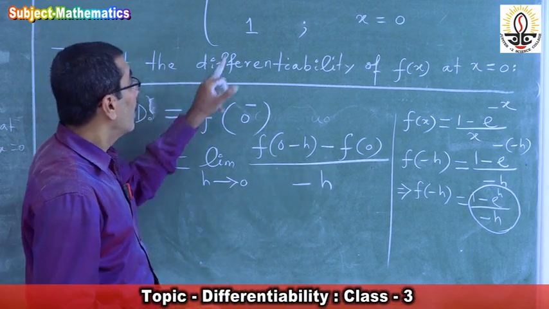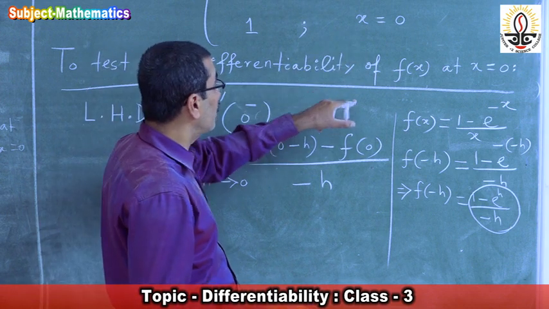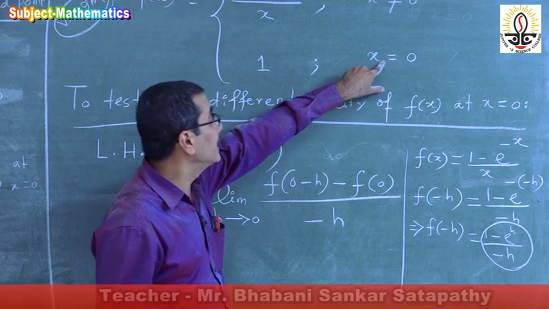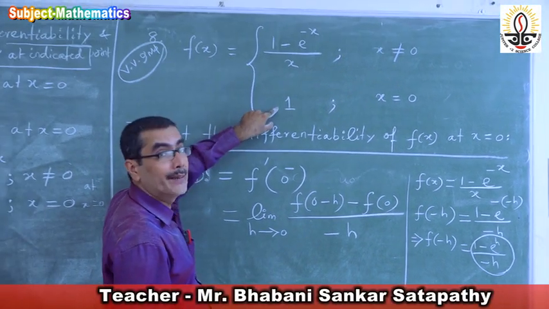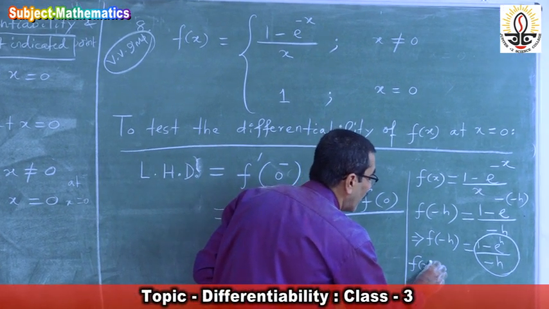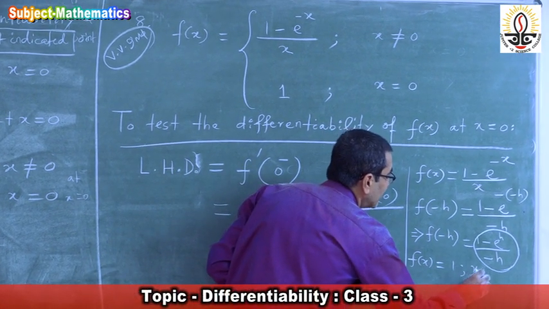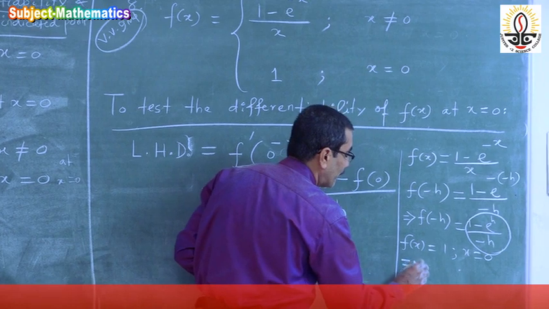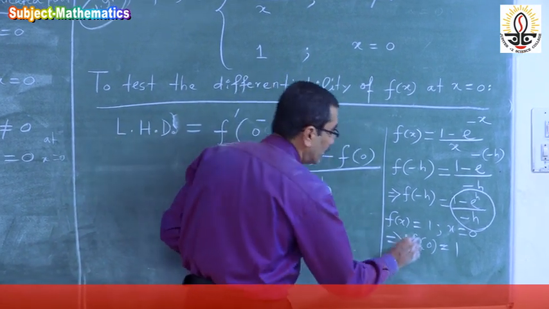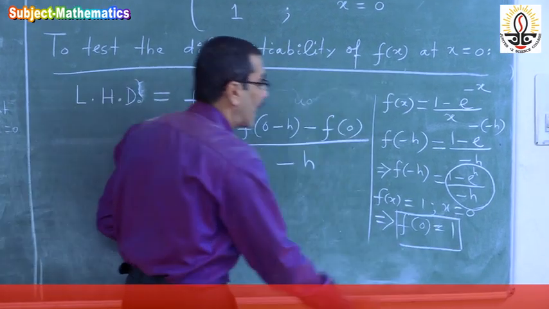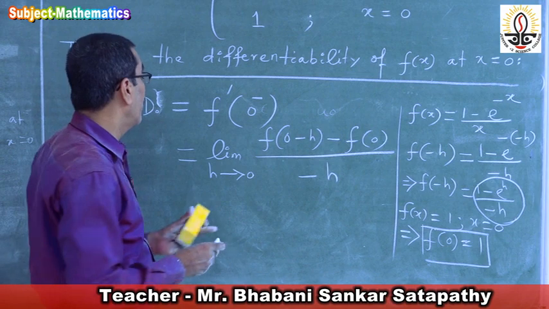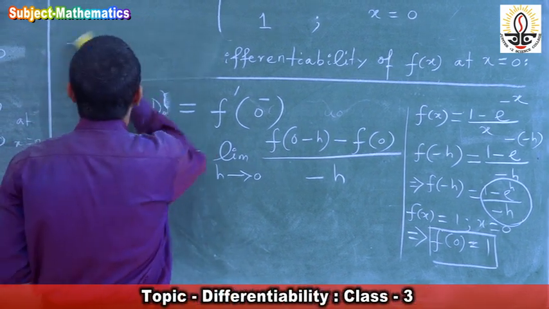Now see, what is the value of this function at x is equal to 0? At x is equal to 0, f of x is given to be 1. So f of 0 is equal to 1. Let us put the values here.